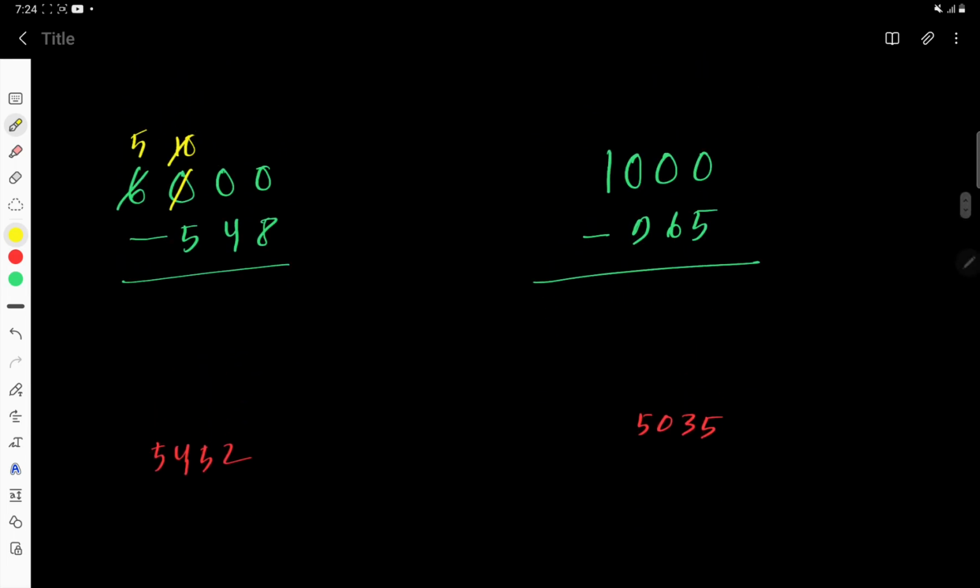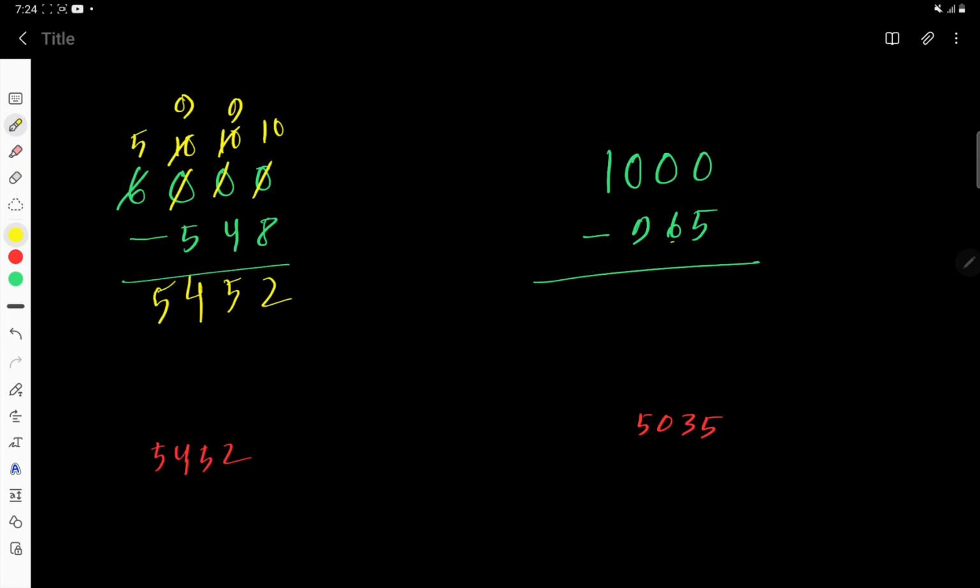So 10 becomes 9. Then consider this 9 and 10. Now subtract: 10 minus 8, 2. 9 minus 4, 5. 9 minus 5, 4. 5 minus 0, that is 5.